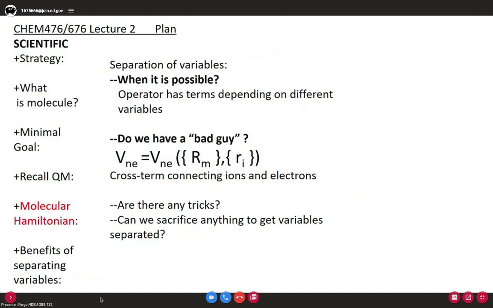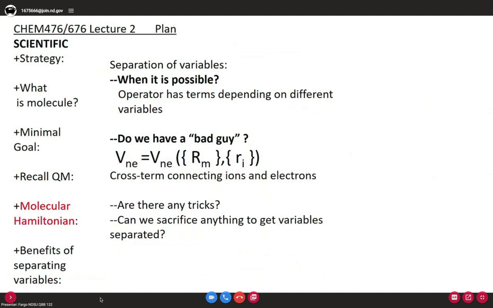So, Hamiltonian acting on a wave function of multiple variables. If the Hamiltonian is a summation of differential operators acting on each variable independently, like second derivative over x1, plus second derivative over x2, plus second derivative over x3, it will be perfect.